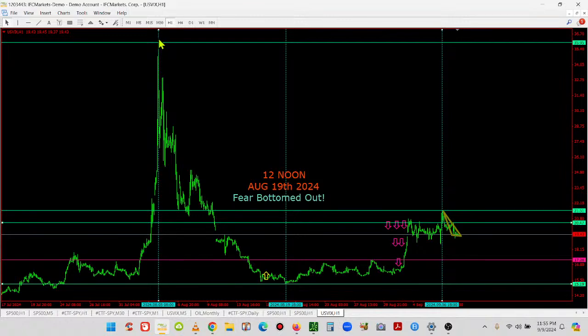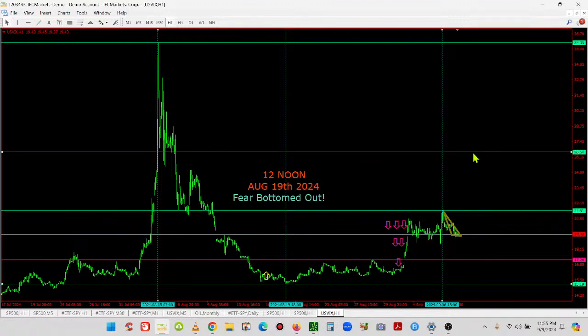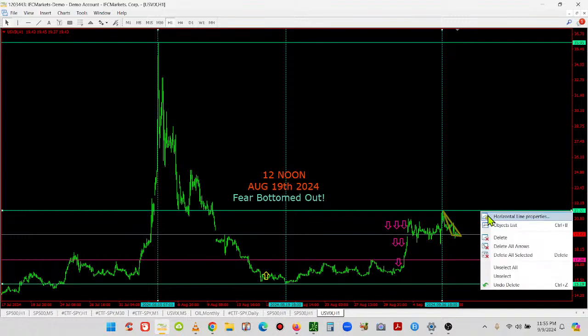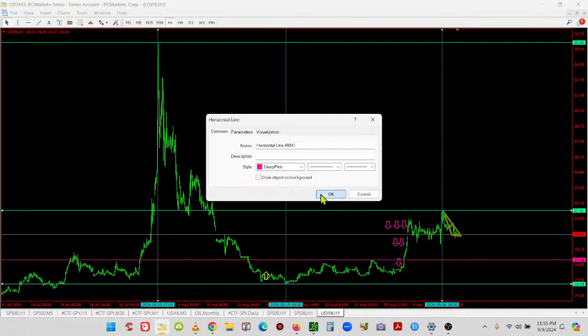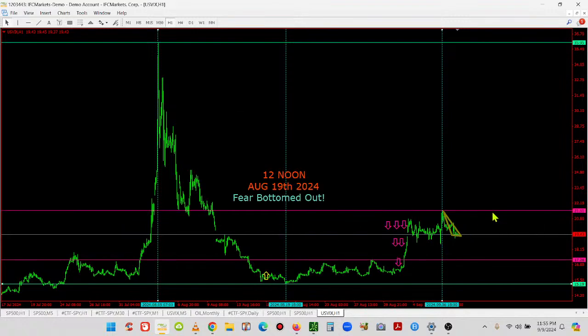Okay. And it broke out and went above that. This broke out and it's stalling right here. So let's just delete that object and make this one also deep pink. All right. So now you have the top and the bottom here in like a teal green or whatever.